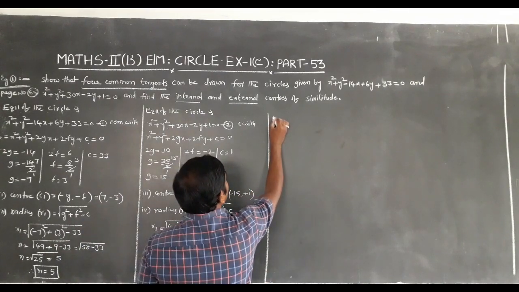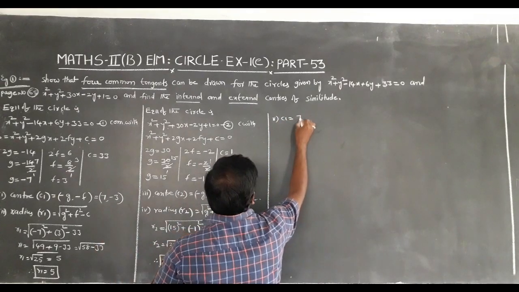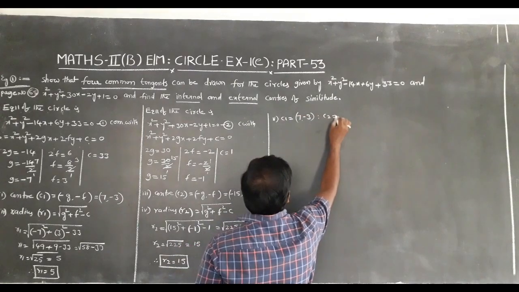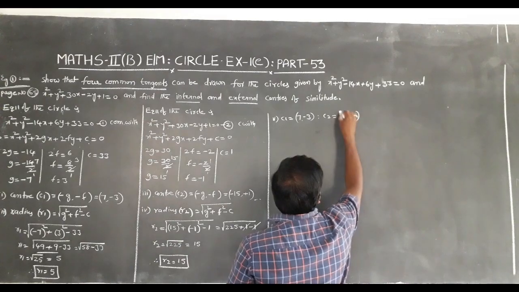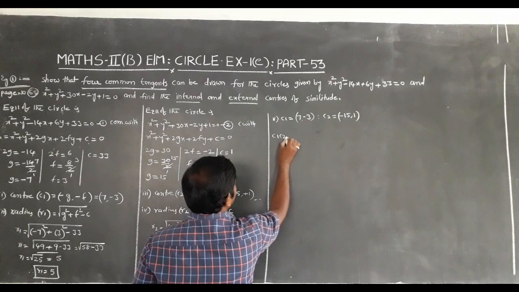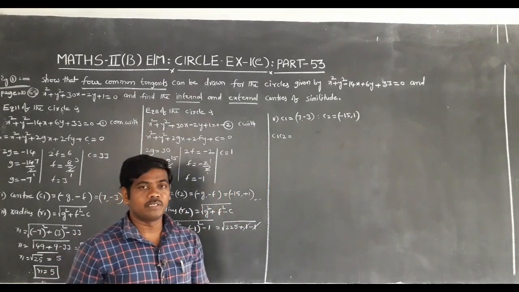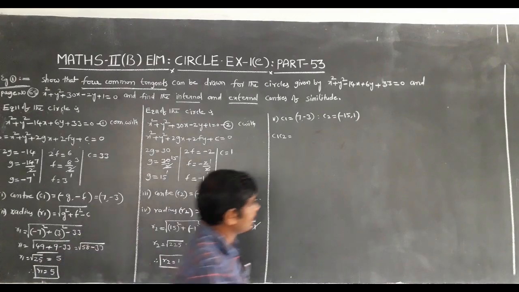C1 is equal to 7 comma minus 3, R1 is 5. C2 is equal to minus 15 comma 1, R2 is equal to 15. Here find C1C2. C1C2 means the distance between the two centers of the given circles.